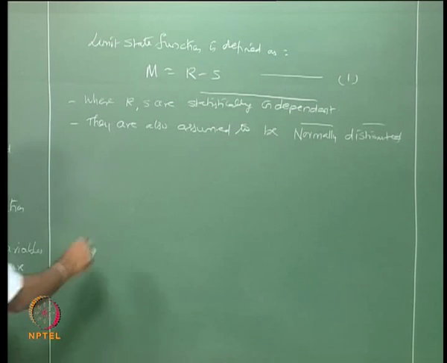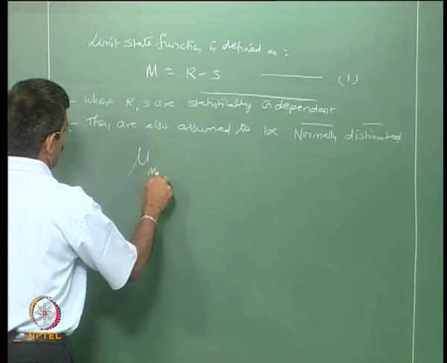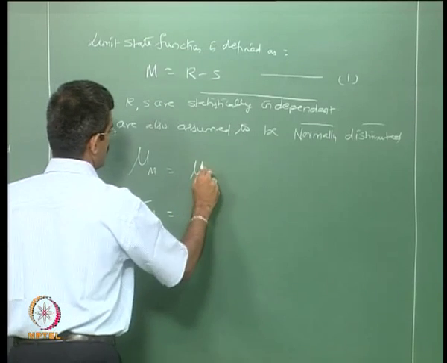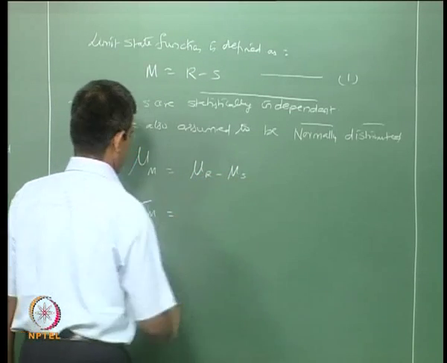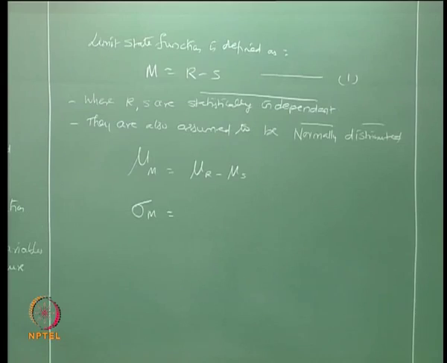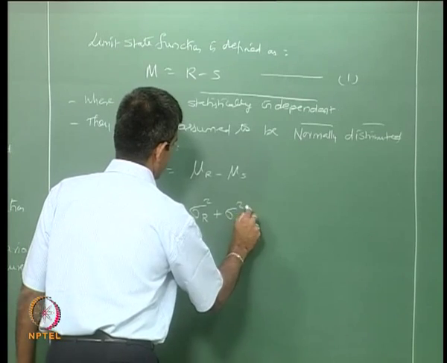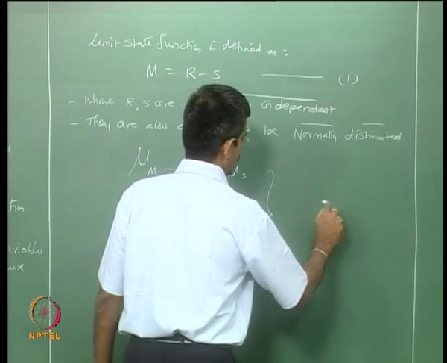So, one can say mu M is mu R minus mu S and sigma M is the square root of sigma R square plus sigma S square. I call this equation 2.